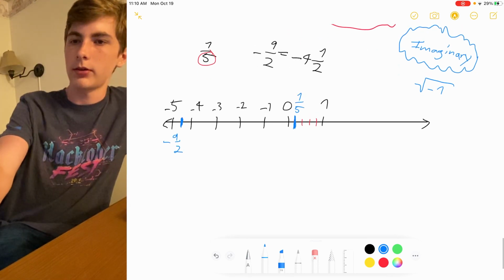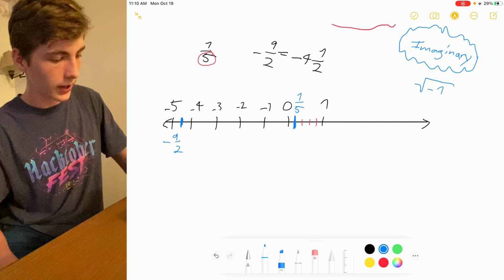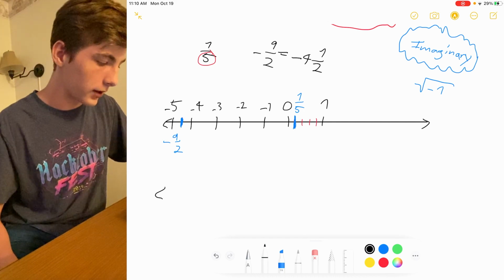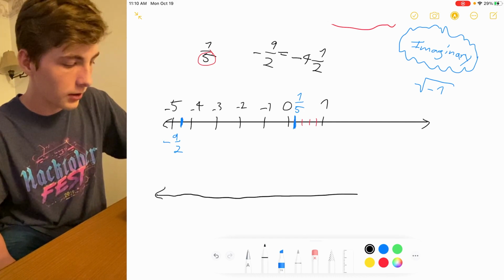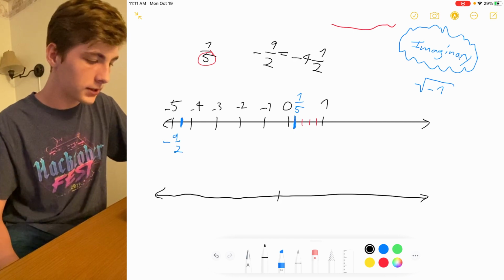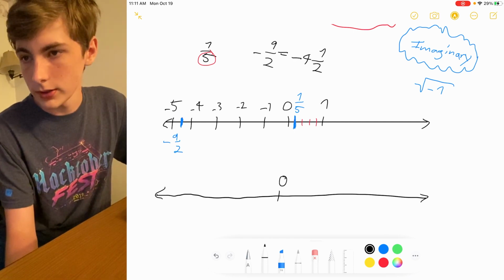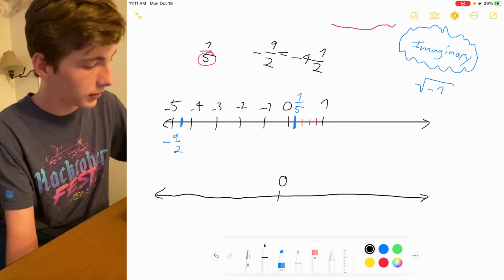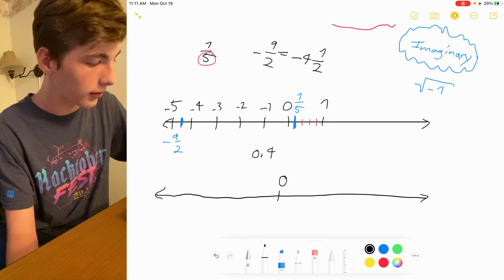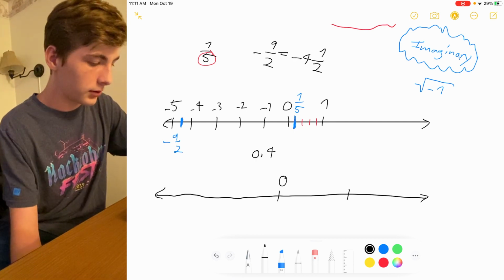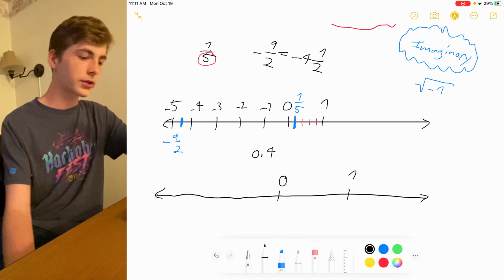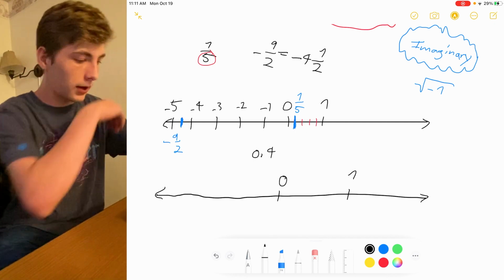Decimals aren't terrible either. They're a little bit harder to write out because they like the number 10 so much. If we have a decimal and we want to put the number 0.4 on here, well, 0.4 is going to be between 0 and 1.